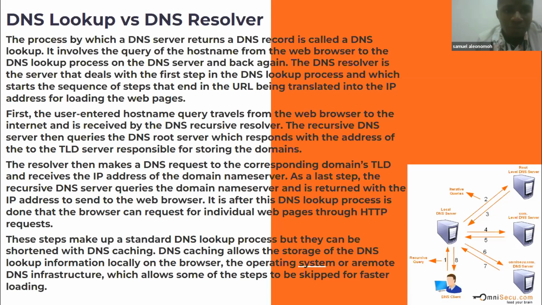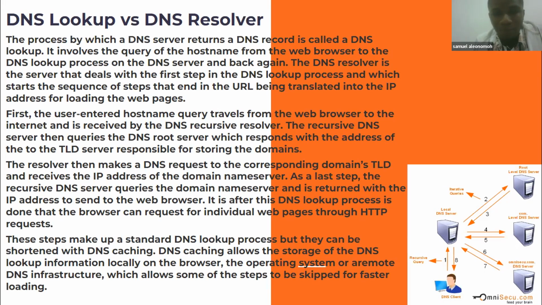First, the user enters the hostname. The query travels from the web browser to the internet and is received by the DNS recursive resolver. The recursive DNS server then queries the DNS root server, which responds with the address of the TLD server responsible for storing the domains. The resolver then makes a DNS request to the corresponding domain's TLD and receives the IP address of the domain name server.